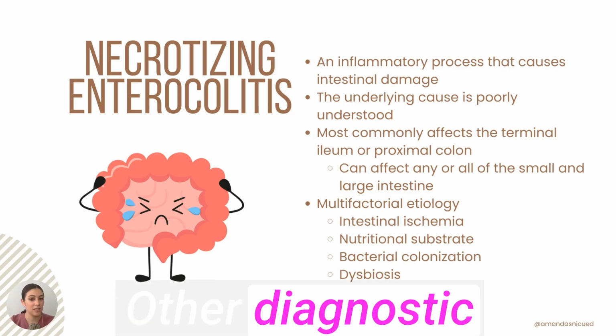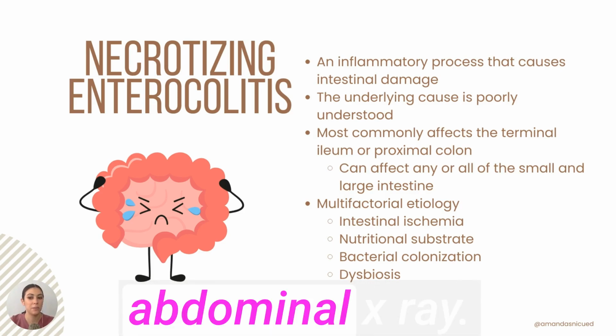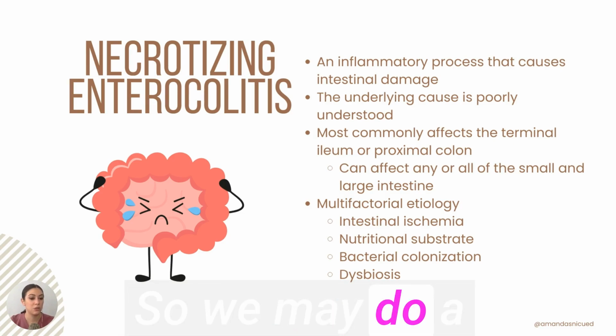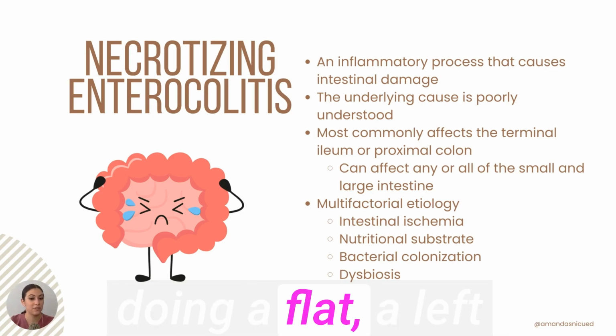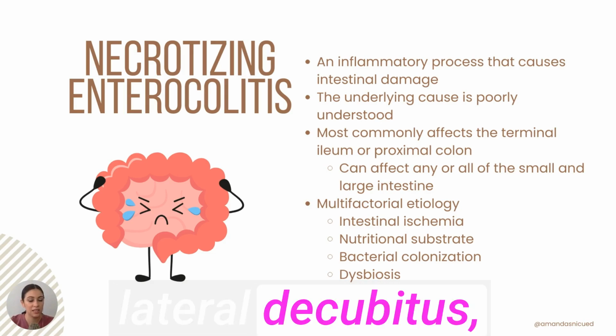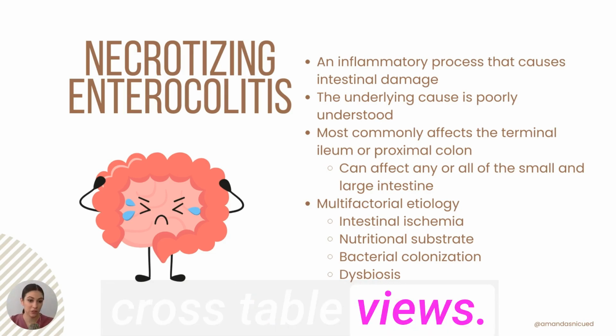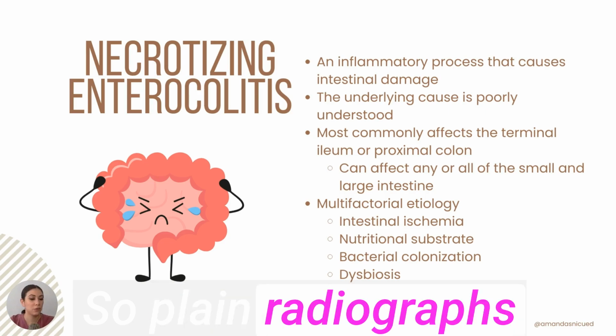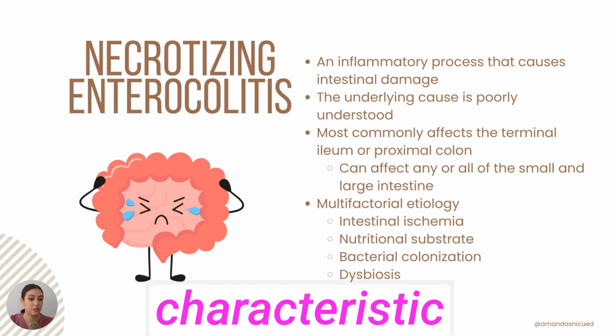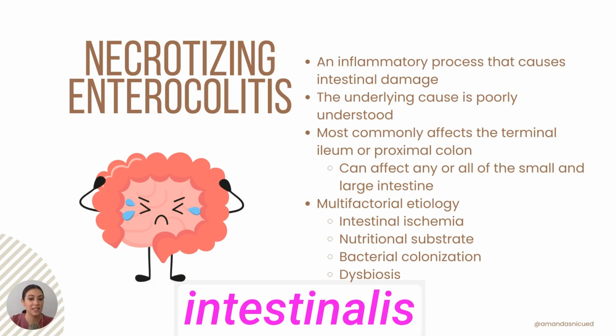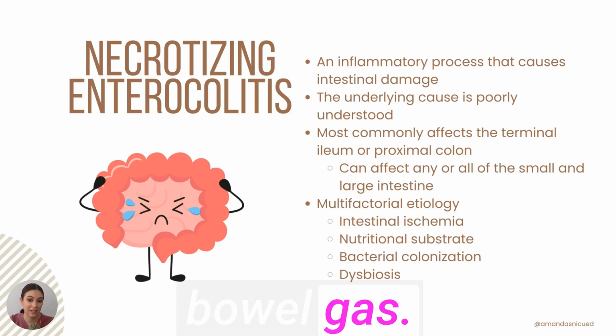Other diagnostic tests that we would do include the abdominal x-ray. We may do a series where we're doing a left lateral decubitus, in some instances cross table views. Plain radiographs are carefully reviewed for characteristic findings of pneumatosis intestinalis or intramural bowel gas.